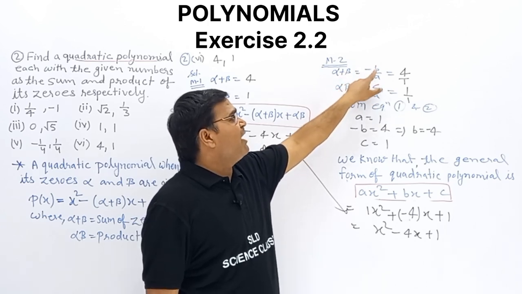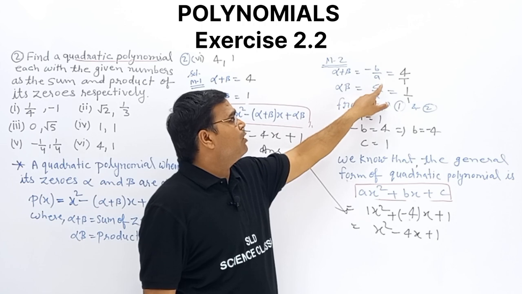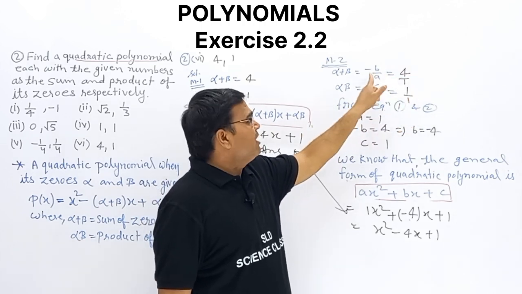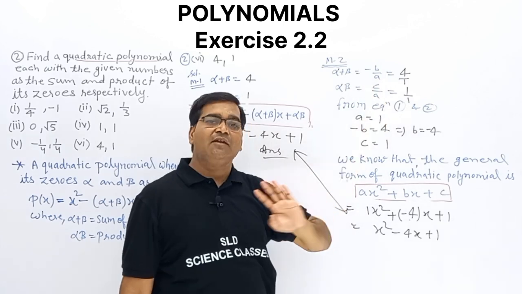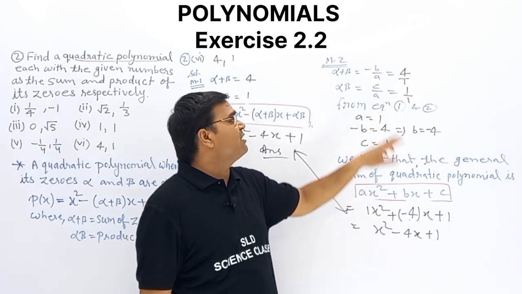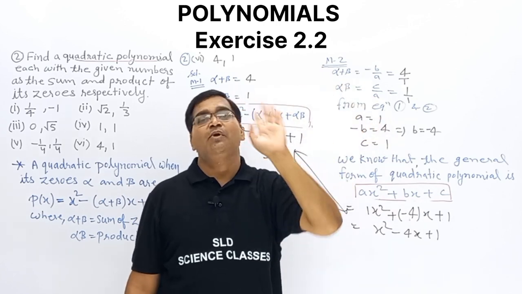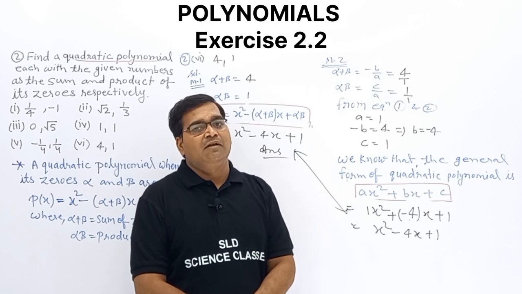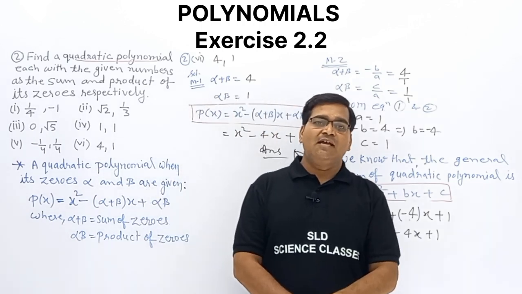Alpha plus beta equal to minus b upon a, and alpha into beta is c upon a. Compare, put values. If denominators are equal, then no problem. Compare ABC directly. If we have different denominators, then first make the denominators equal by multiplying and dividing by the same number. That's all about this exercise.